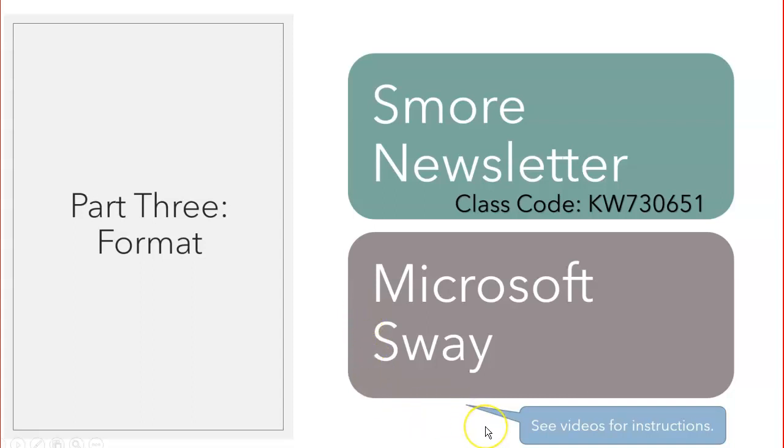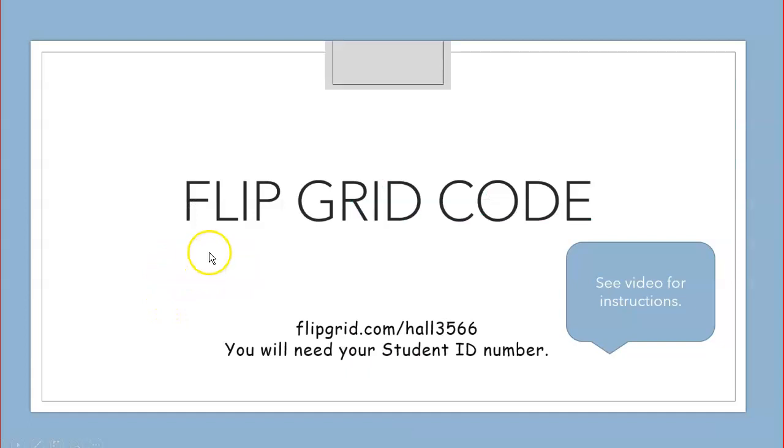I am making a video for each one of these with instructions on how to access them and use them for this project. So make sure once you choose one that you watch the video. The Flipgrid code is going to be your student ID number, and this is going to be the URL that you'll use. Again, there'll be a video with additional instructions on this.